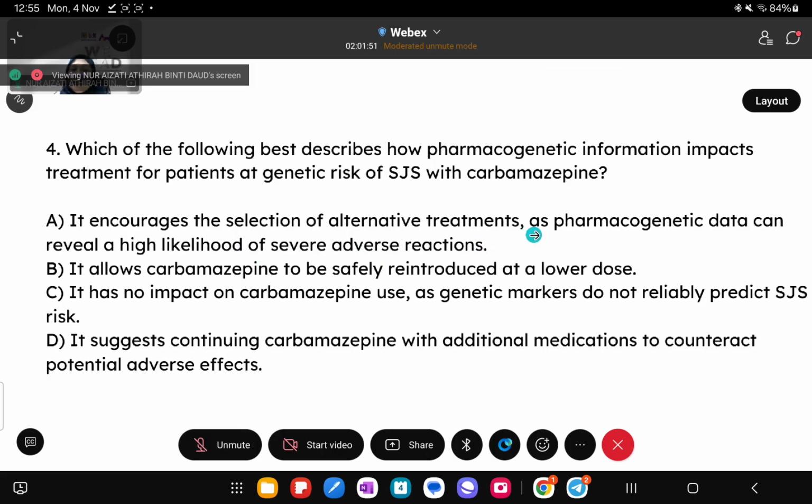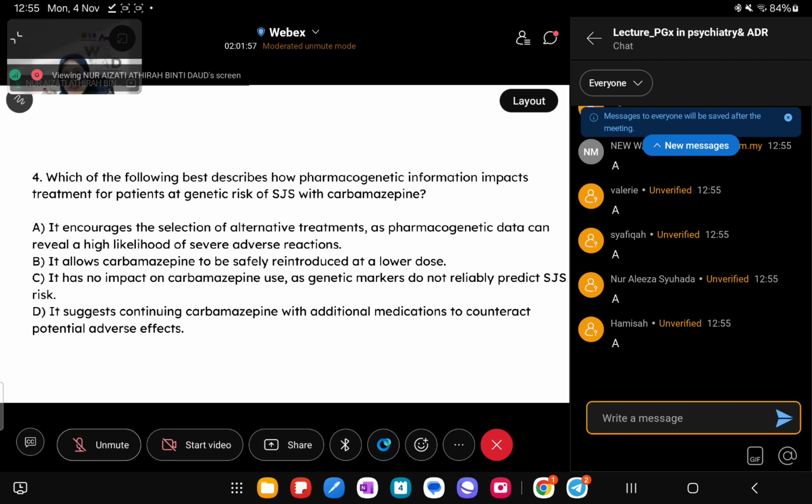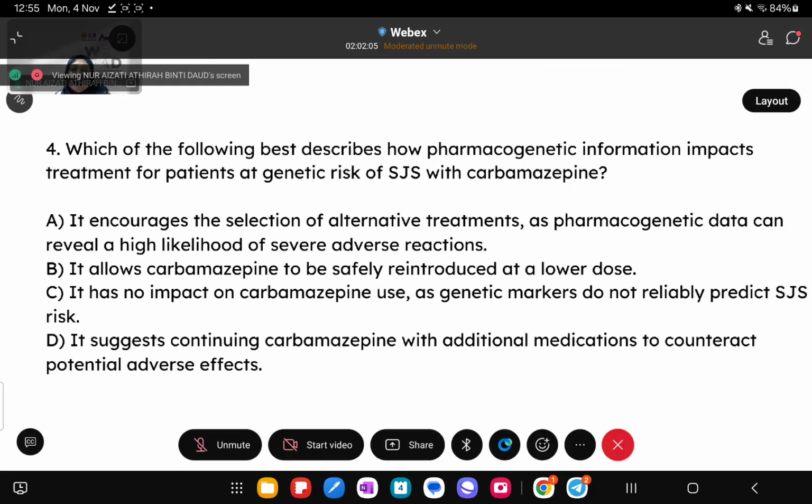So the keyword here as well is the likelihood, or probability, possibility. It is not that we change the treatment and he is confirmed not to get ADR after this, not so. It's actually probability. But we try our best to predict what is the best option for the patient.